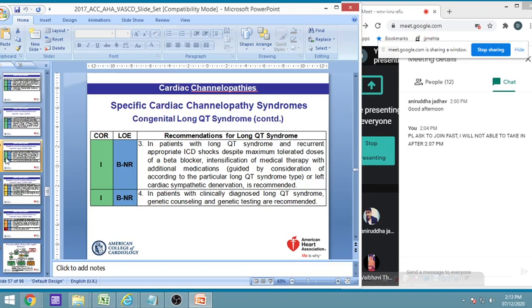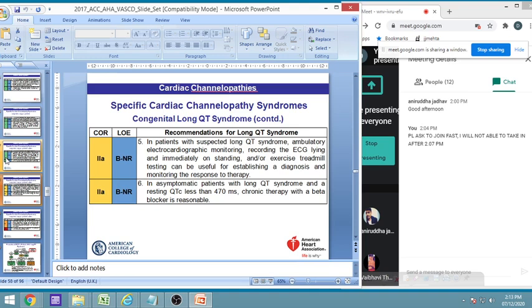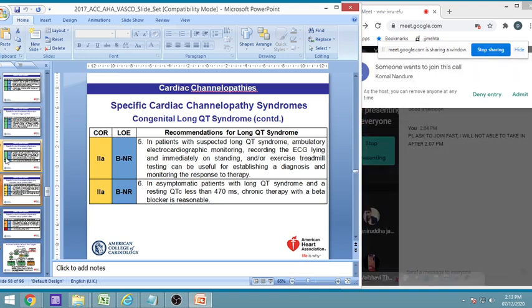But these are again for very severe cases, because ICD itself we are considering in a very high-risk situation which is very difficult to otherwise treat. In those cases we are going for it.